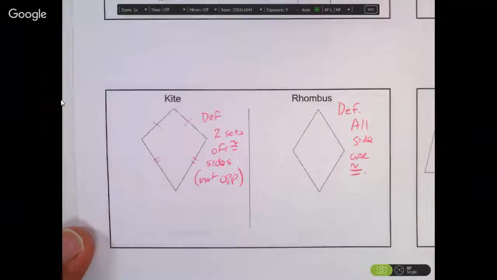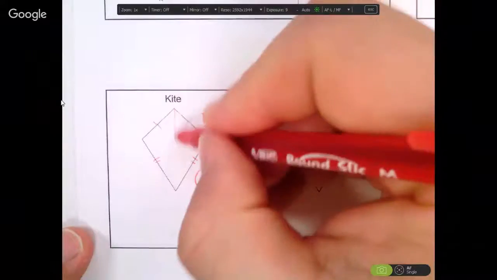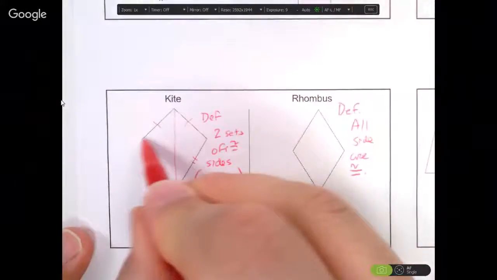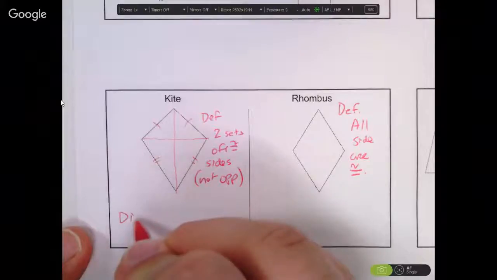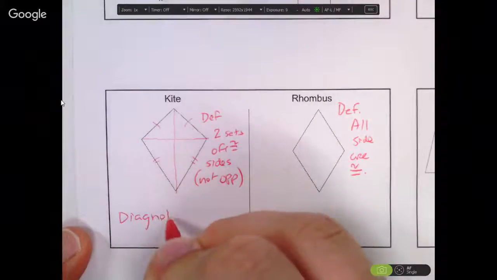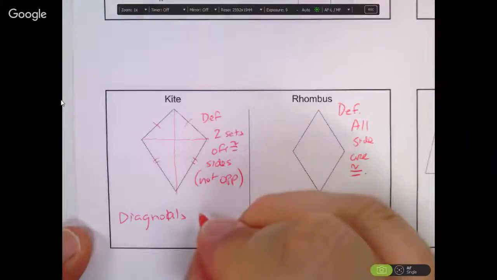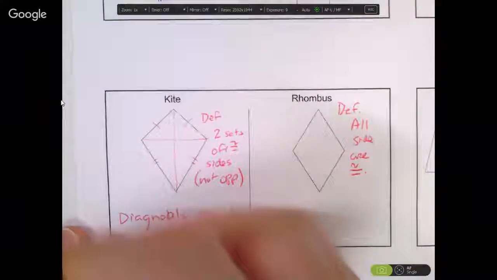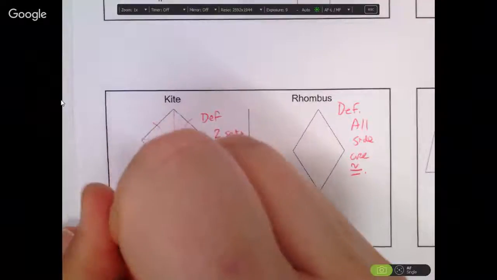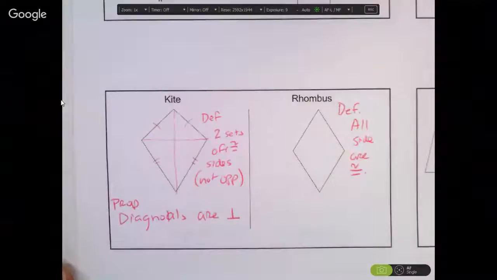And then their angles, okay, or the diagonal comes into play. Okay, diagonals are perpendicular. We know what that symbol means?